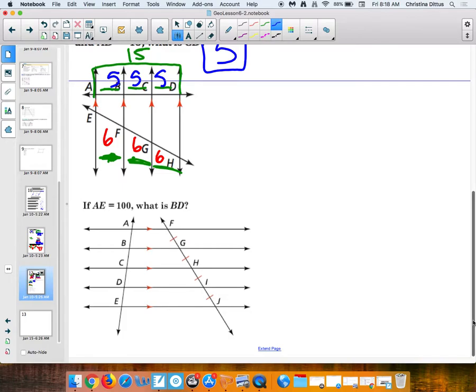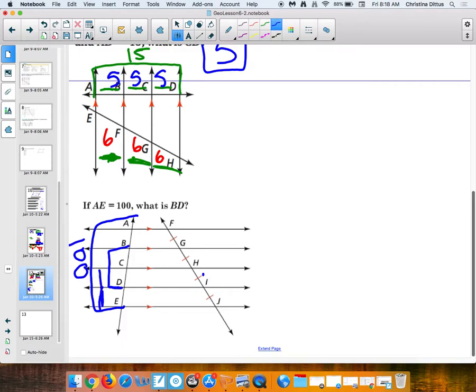No. Last one we're gonna do. If AE is 100, so from here to here is 100, I need to find BD. Well, I know that all these are the same, which tells me that all these have to be the same. They're each what? 20, because there's 5 of them? So there's 5 letters, but how many things do I have?